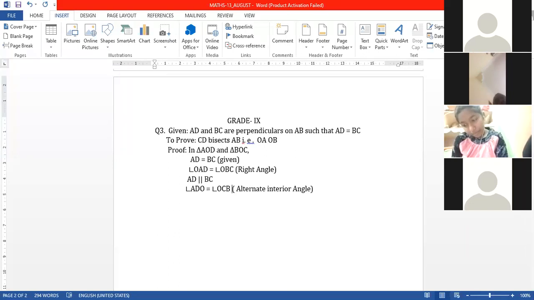Then we can say here two angles are equal, one side is equal. Angle side angle. With the help of ASA congruence condition, I can say triangle AOD is congruent to triangle BOC. Note down.